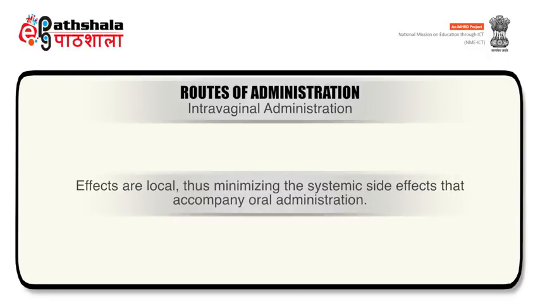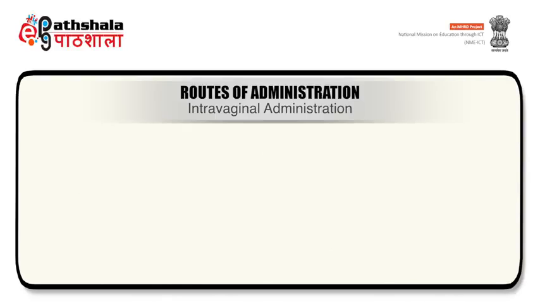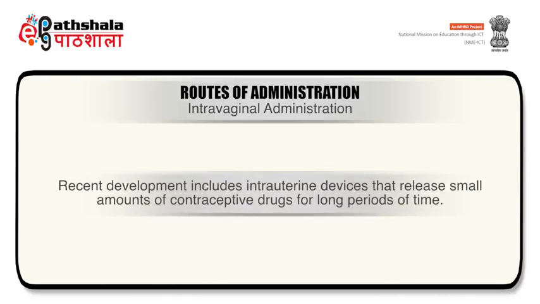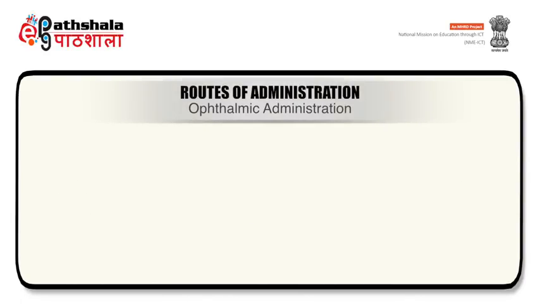Effects are local, thus minimizing the systemic side effects that accompany oral administration. Recent developments include intrauterine devices that release small amounts of contraceptive drugs for long periods of time. Next is ophthalmic administration.